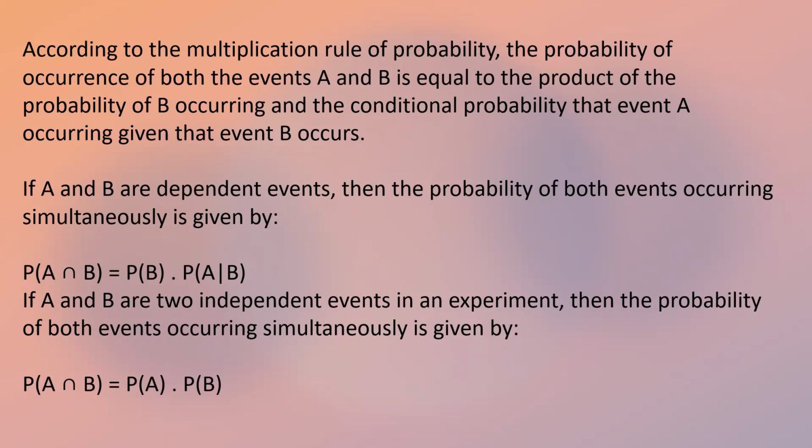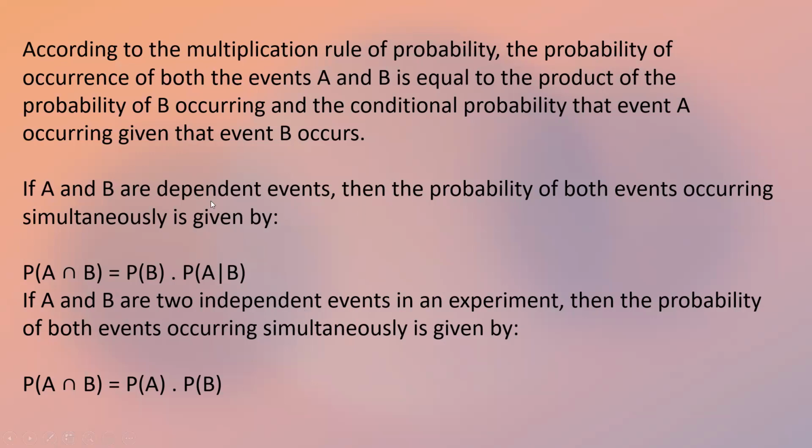If the events are mutually exclusive, then just as in the addition rule we added the probabilities, here we will have the product of both events, probability of A times probability of B, for two independent events.